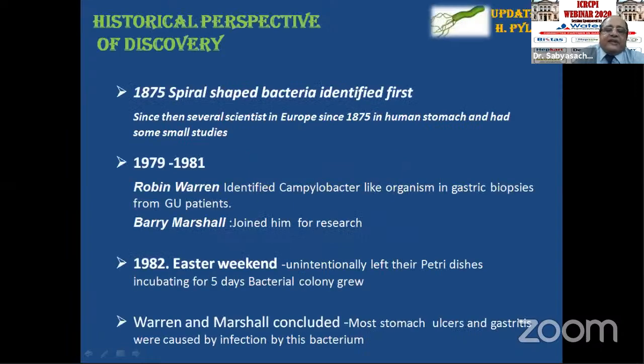Although we are having this benefit now, it started as far back as 1875 when some physician from Germany isolated a spiral organism. There has been sporadic work since then in various parts of Europe, but no substantial work was done until the 70s. In 1979, to be precise, everything started happening.